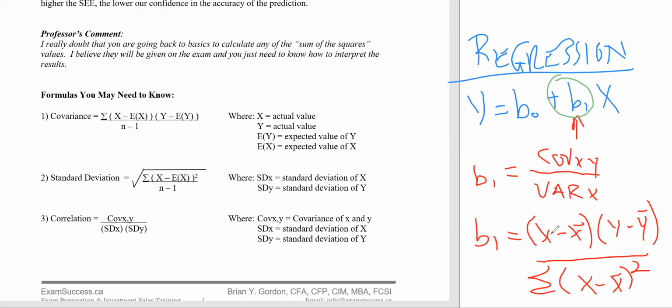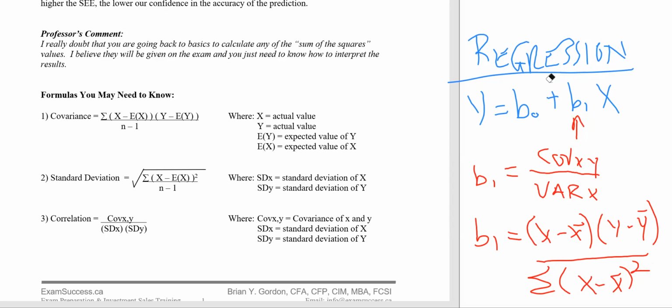Or they could drop you right back to the actual minus expected values over the squared deviations, the variance of X, the independent variable. So be ready for these. There's an example in the curriculum that goes through this. I think those shaded box examples are what you want to make sure you go through. So this is the first one, estimating the slope coefficient.